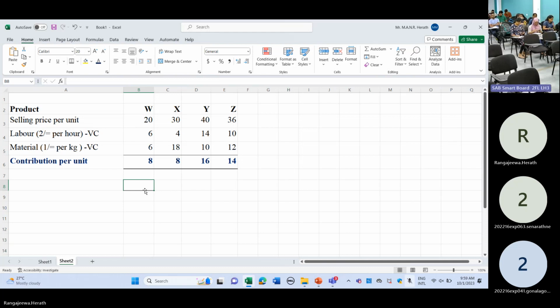Y is the highest. So we should prioritize by rank 1 Y, then Z 2, and X and W 3.